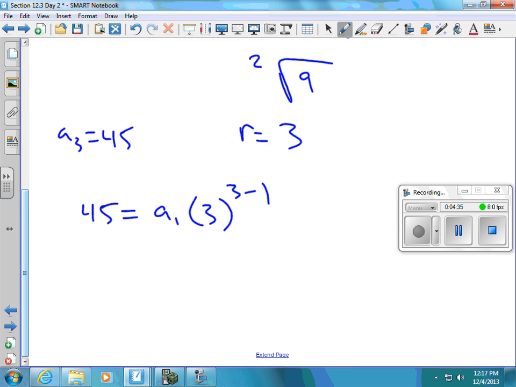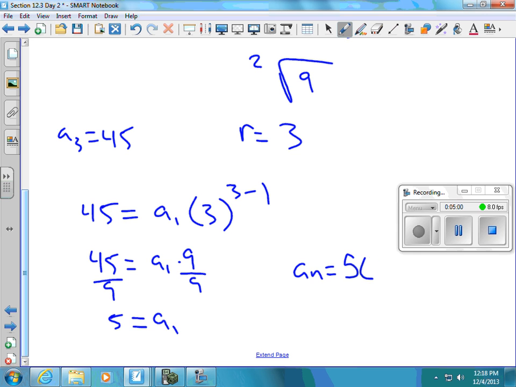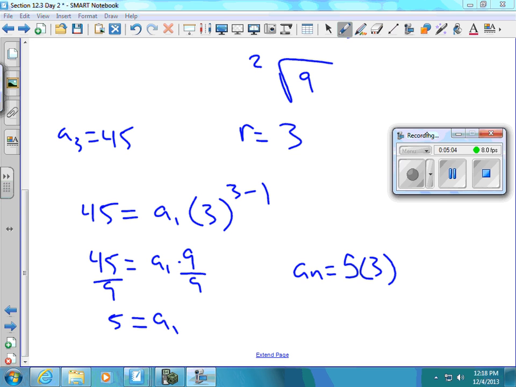So if we simplify this, we get 45 equals a sub 1 times 3 to the second power. 3 minus 1 is 2. That's 9. Divide by 9. So we get a sub 1 is 5. So if a sub 1 is 5, then our equation is a sub n equals 5 times 3 to the n minus 1.